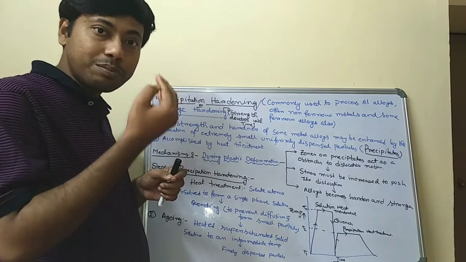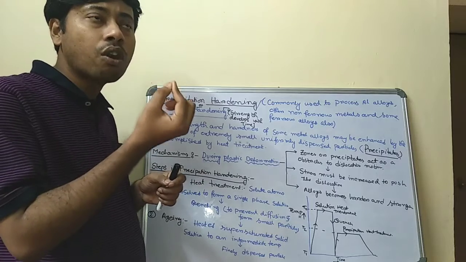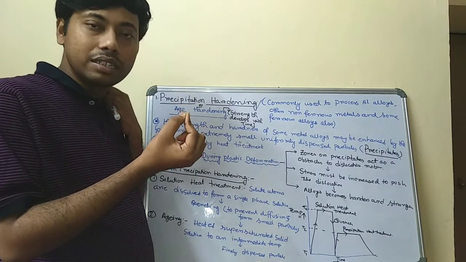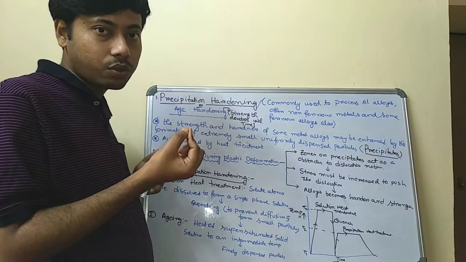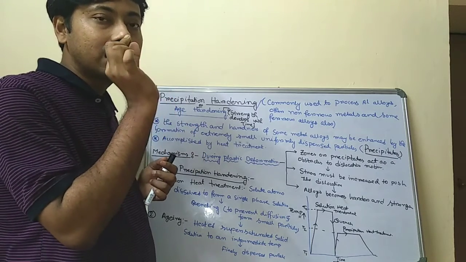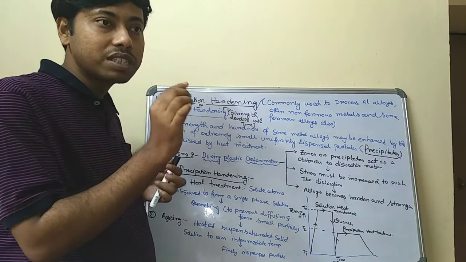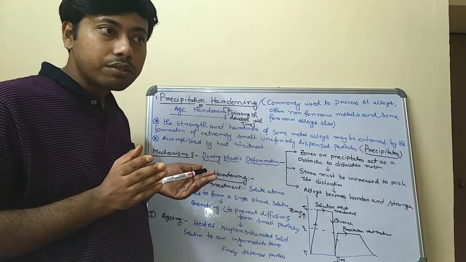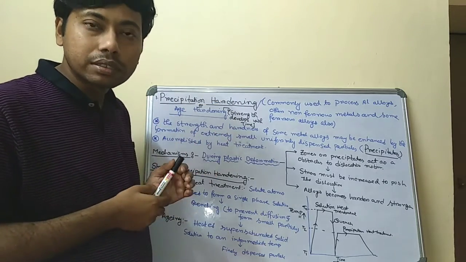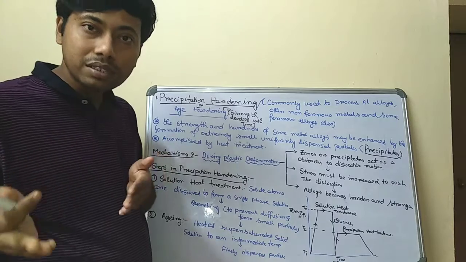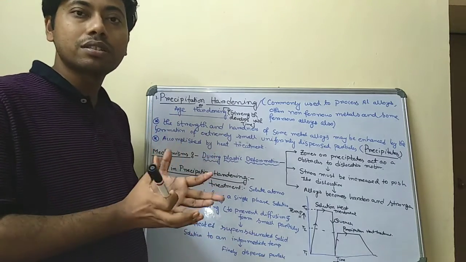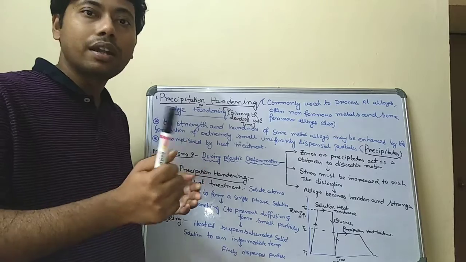That's why it is called precipitation hardening, because small teeny particles increase the strength of the materials. These particles are dispersed throughout the parent matrix phase, so they are called precipitated particles, and the process is called precipitation hardening.